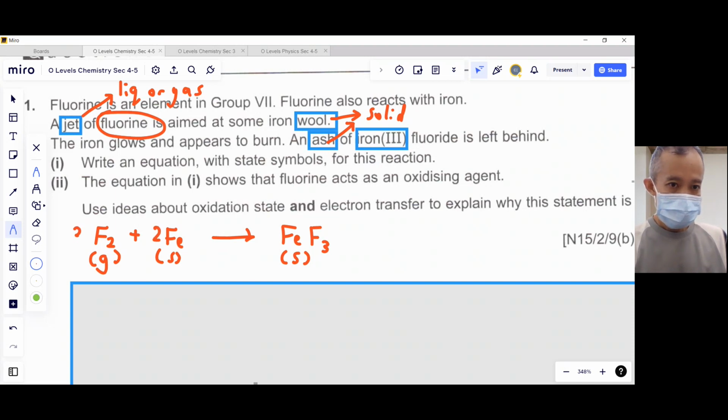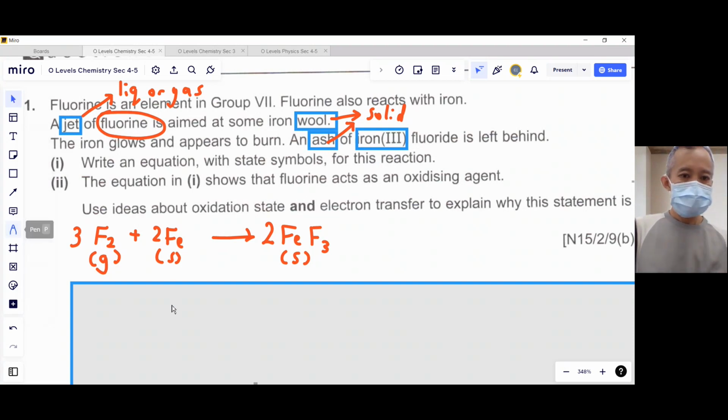Yep, that should be your equation. Next, once you have your equation, look at the OS. What's the OS for every element?